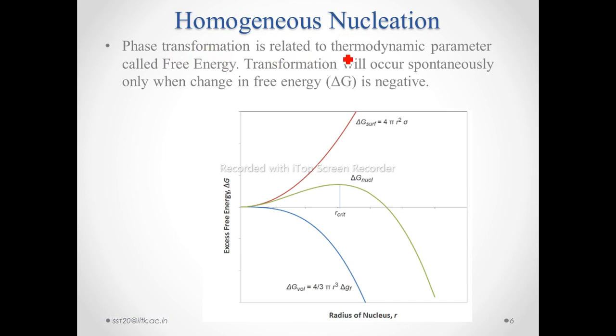Phase transformation is related to the thermodynamic parameter called free energy. That is the G value, Gibbs free energy. The transformation will be spontaneous only if the free energy change, delta G, not G, it's a delta G, is a negative value.